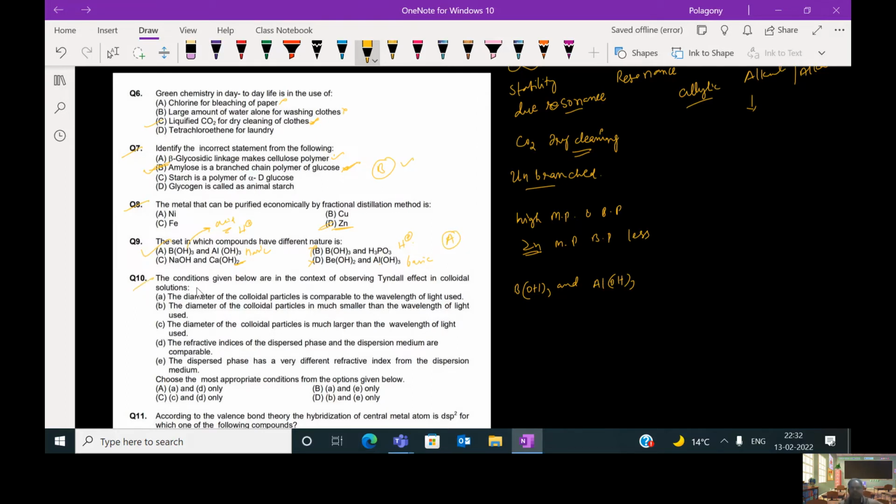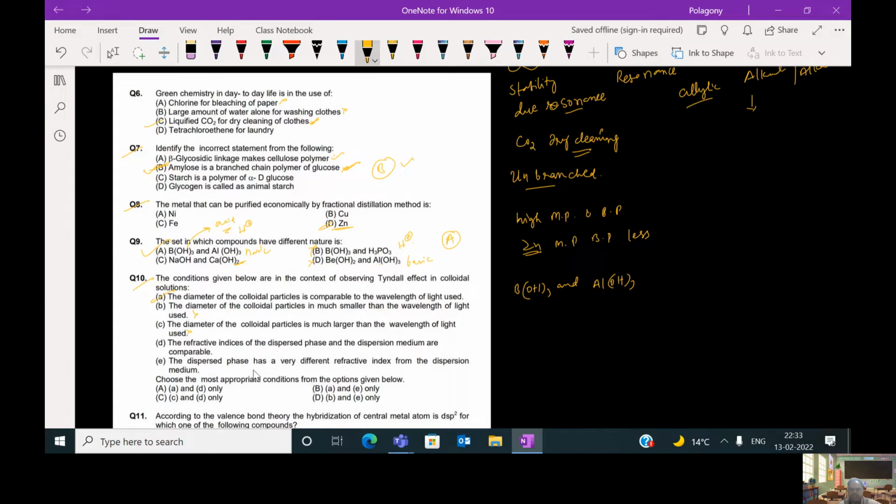The question number 10. The conditions given below are in the context of observing the Tyndall effect in colloidal solution. The diameter of the colloidal particle is comparable to the wavelength of light used. Okay. The diameter of the colloidal particle is much smaller than the wavelength of light used, so this is not relevant. The diameter is much larger than the wavelength of light used, so this is not appropriate. The refractive indices of the dispersed phase and dispersion medium are comparable.